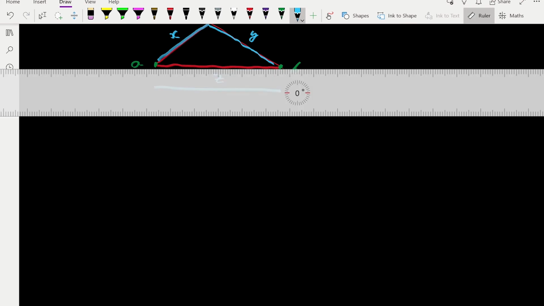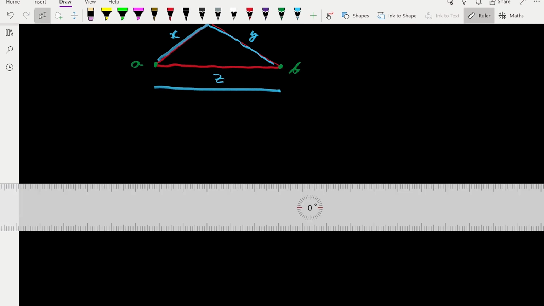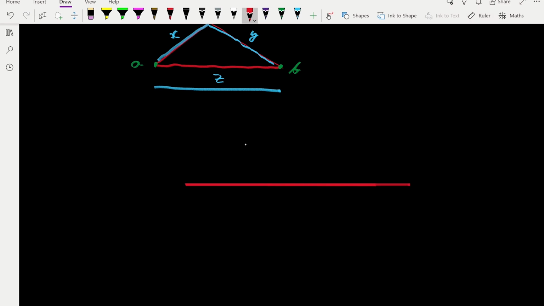Let's imagine a real number line. I'll do it in red. That seems to be my habit in the last few videos. Again, remember that absolute value is just distance from zero. And I'll write the property again.